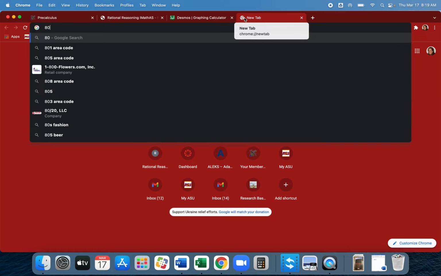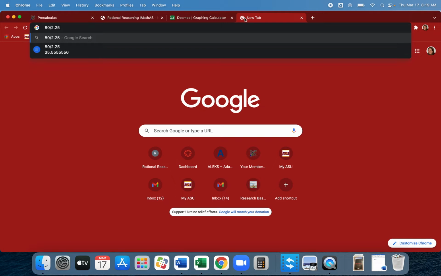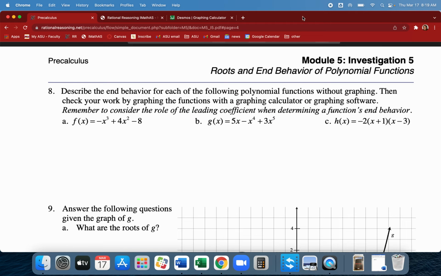Let's see, what is 80 divided by 2.25? 35.5 repeating. So, where am I going to write this? I'll just write it over here. Find little tiny pieces of chalk. I'll just put -35.5 approximately.